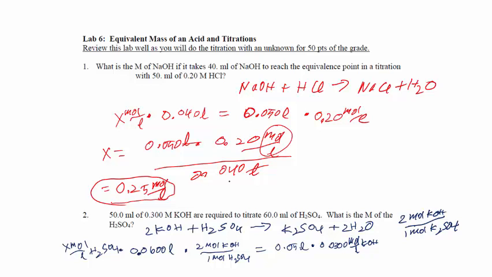And I have some space up. Well, first of all, let's go ahead and do the division. So what I'm going to have to do is divide by 2, multiply by 1, and divide by 0.06.